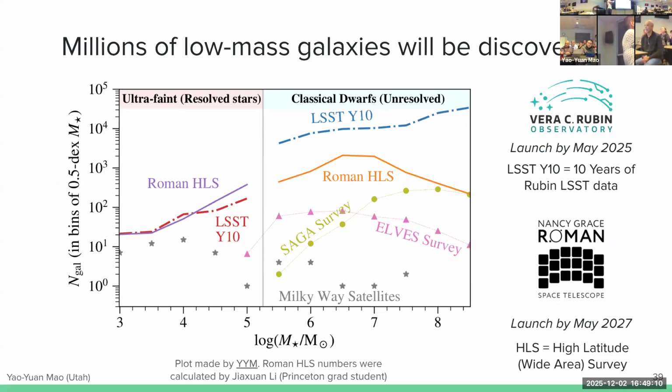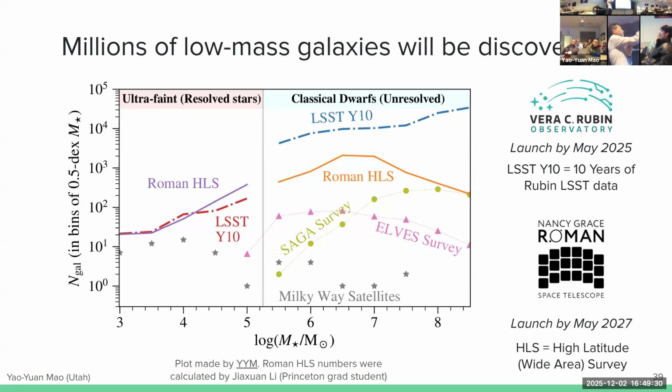This is just to give you a sense of what we are looking at here. Like the SAGA survey I mentioned, this is satellite galaxies only. I also even put Milky Way satellites on this plot, to give you a sense that the SAGA survey finds about an order of magnitude more satellites than the Milky Way, just because we have more systems.